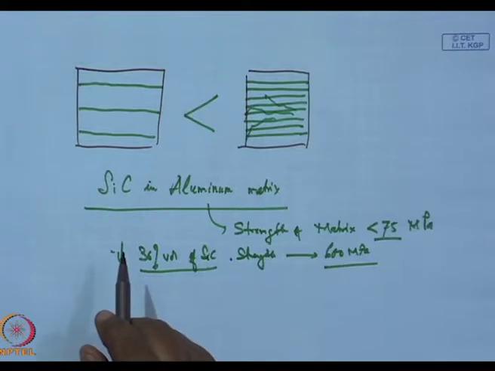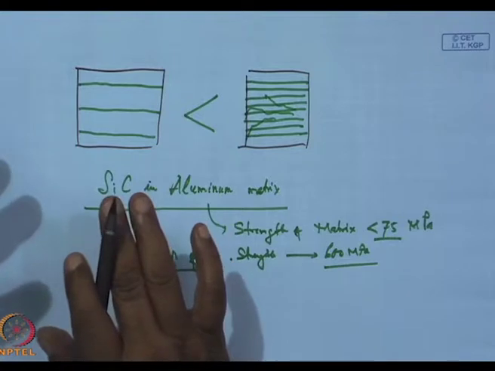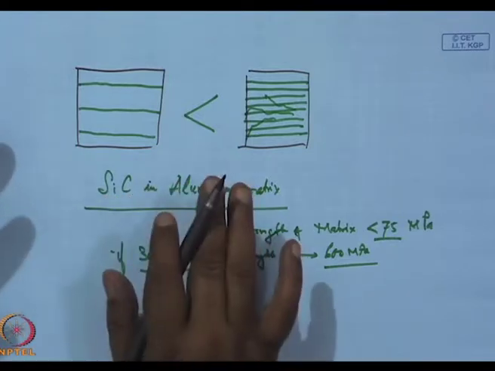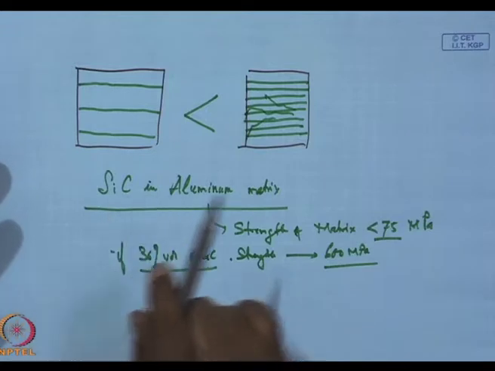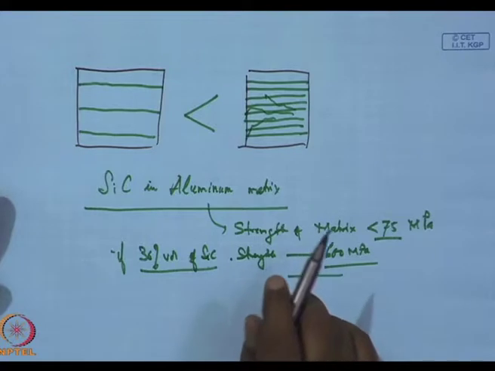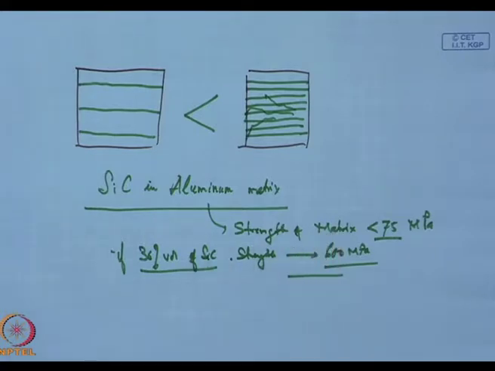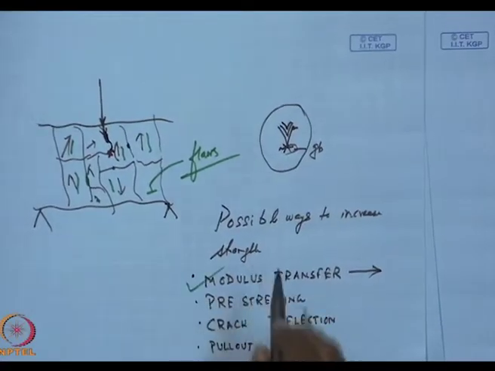They are simply free and they are placed at the proper distance, because if they start entangling, then what would happen is the strength would be totally lost and the effect on the composite would be very deleterious. So, I had talked of modulus transfer, and this is how it is done.